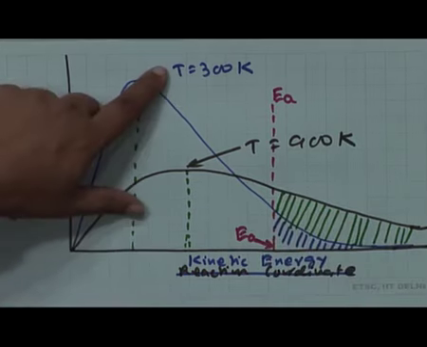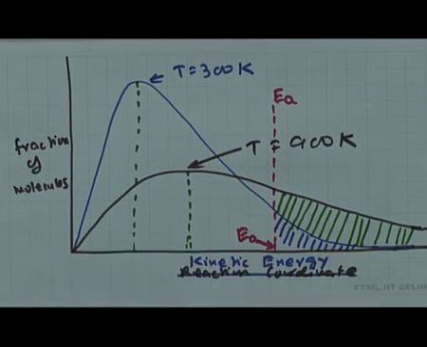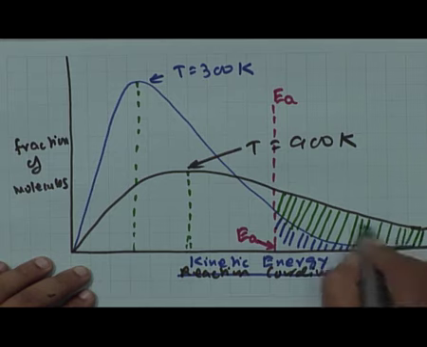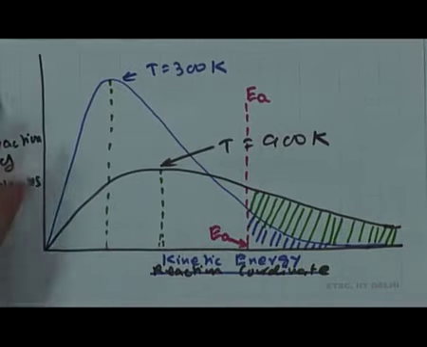When I was at 300 Kelvin, I was only looking at this blue shaded region. When I am at 900 Kelvin, I am looking at this shaded region plus obviously the blue ones, because they also fall under the distribution.